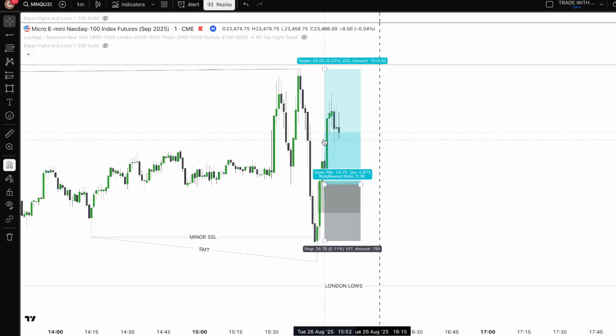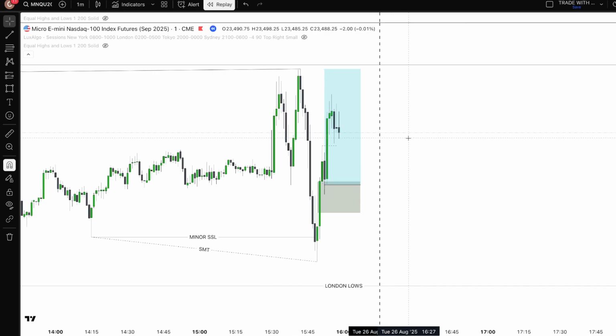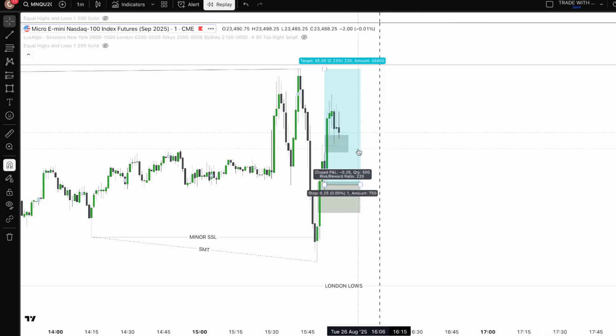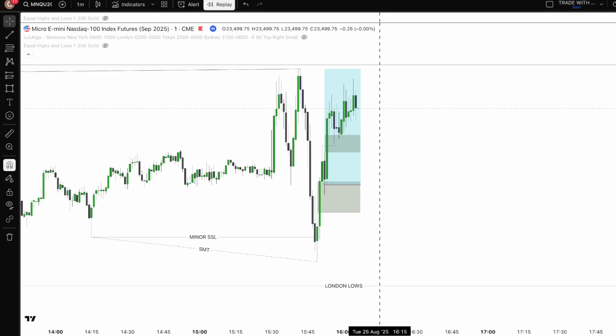So now, once we displaced over this high, we went ahead and put our stop loss break even. Alright, now price should respect this 1 minute gap, simple as that. And as you can see, our full take profit has been hit.